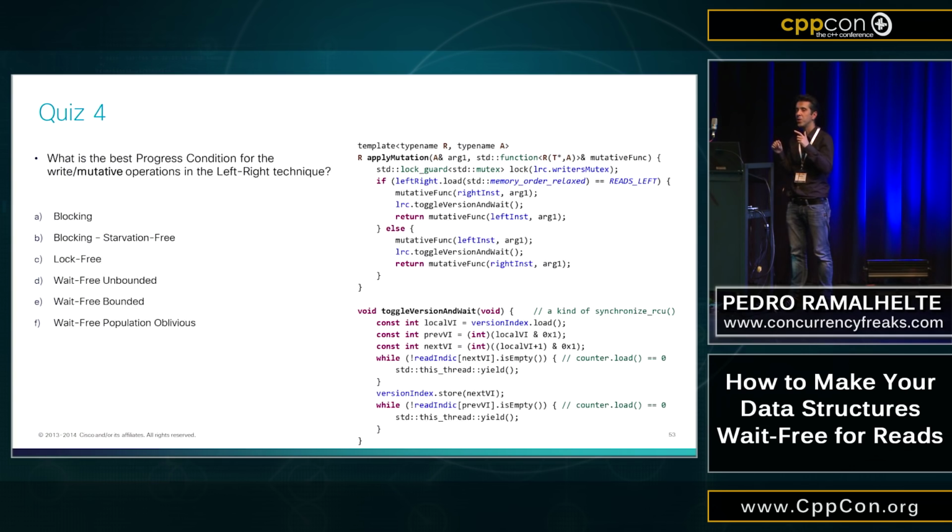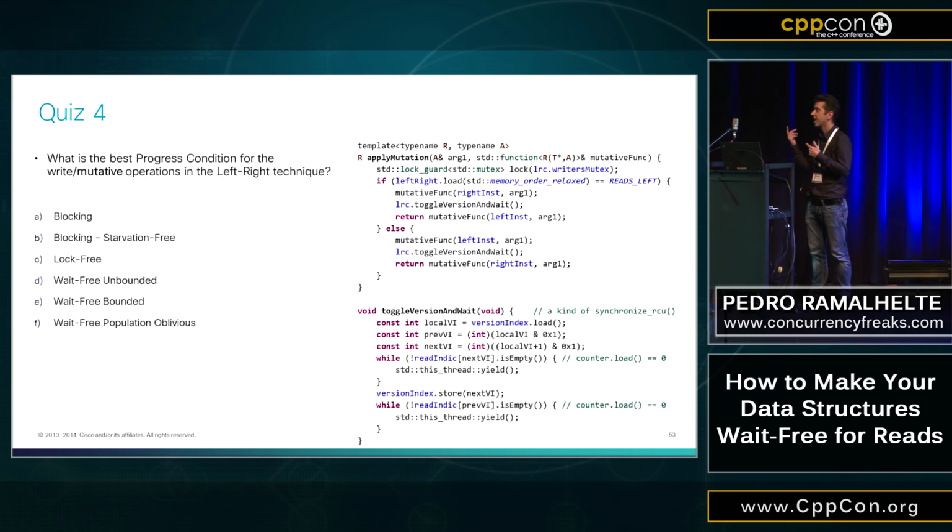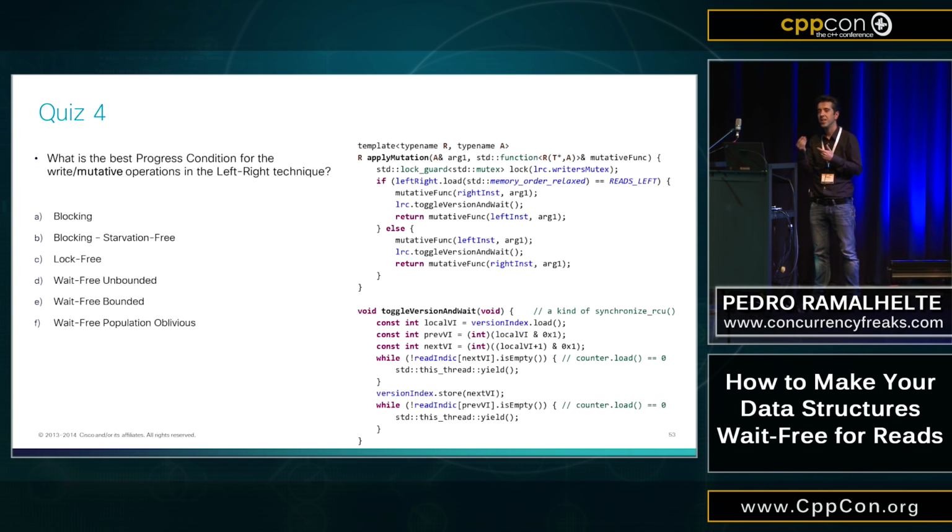What happens is you get a happens-before relationship: if the reader saw the new version index, then for sure it must see the left-right variable changing. That's all you need. So what can happen is you can get false positives where the writer is waiting for a reader that's actually already on the new instance, but it marked the opposite read indicator, just like you said. It can happen. In practice, it's extremely rare because this happens just for a little while.